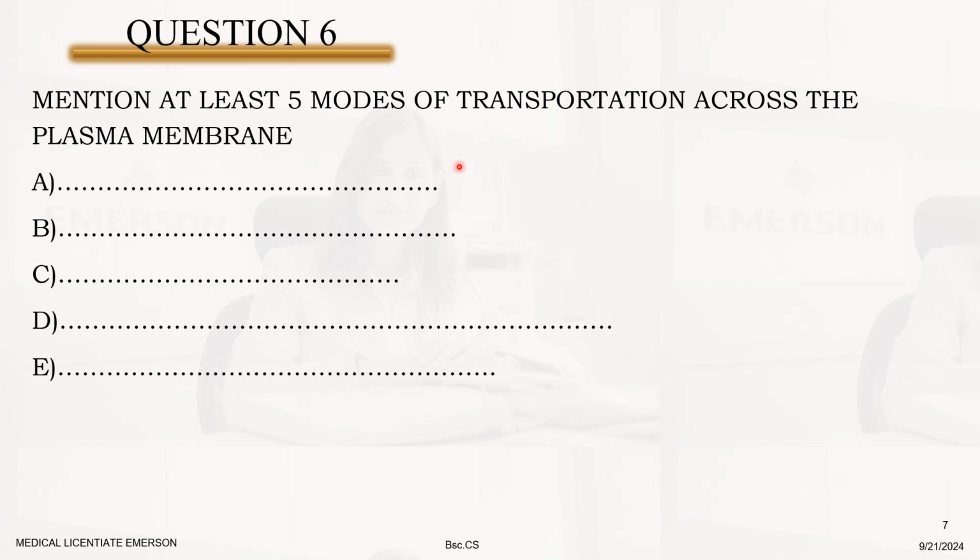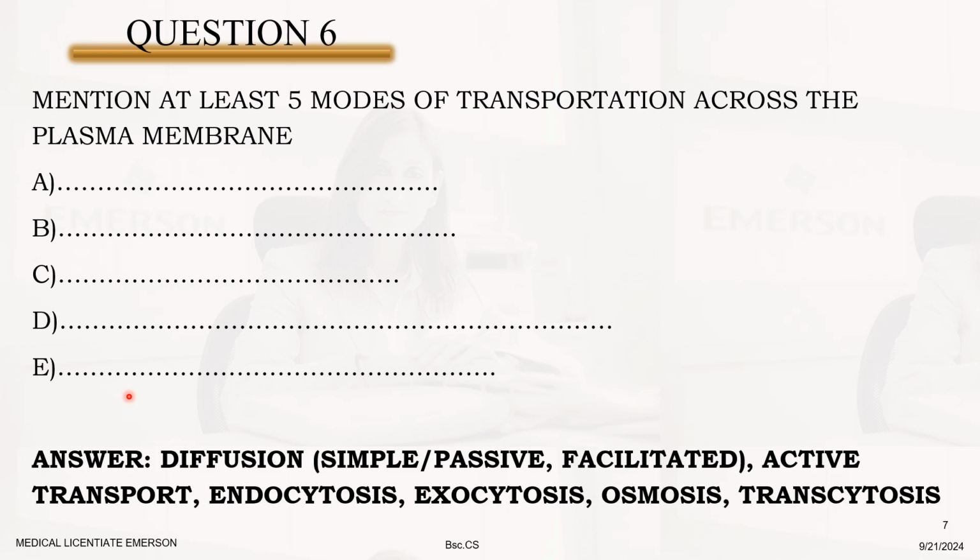This again is one of the easiest as well, because there are actually a lot. You have diffusion, or you can separate them into simple passive diffusion and facilitated diffusion. You have active transport, endocytosis, exocytosis, osmosis, transcytosis. So you can just pick any 5 from this list.